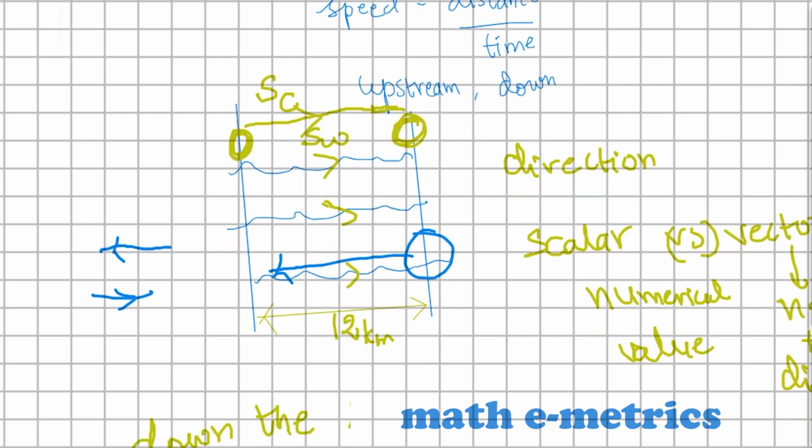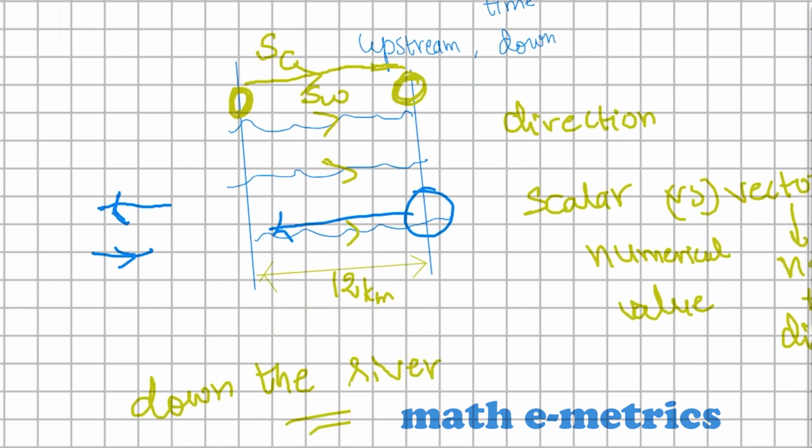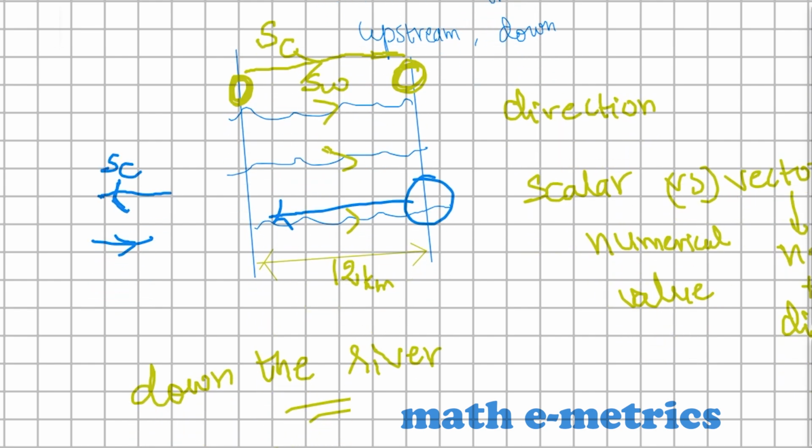When he is traveling right to left, his speed and the river speed are not the same. It's working against each other, opposite to each other. This is the speed of the canoeist, this is the speed of water. Water speed always remains in the same direction, that doesn't change. Now what is the effective speed?